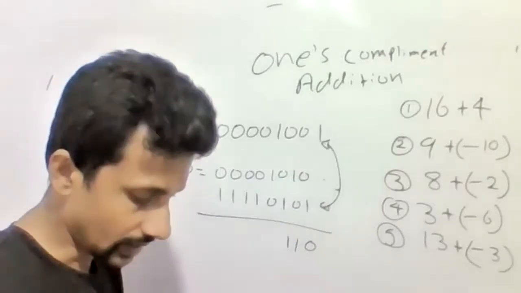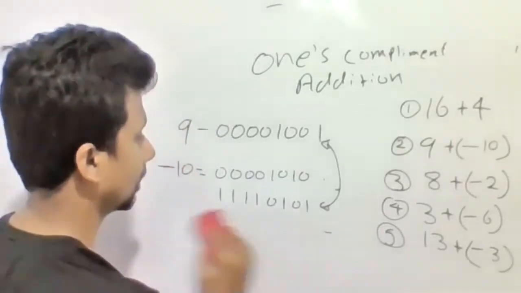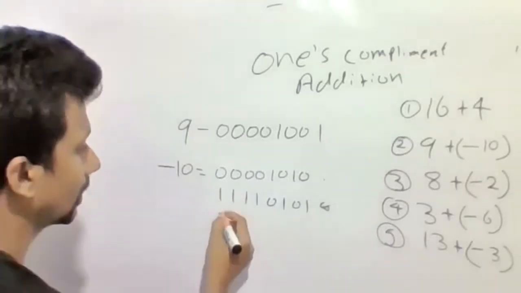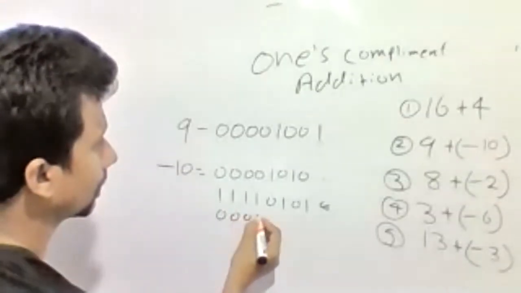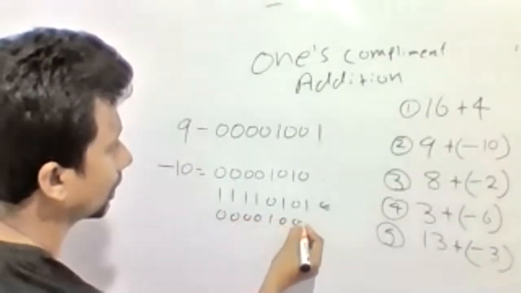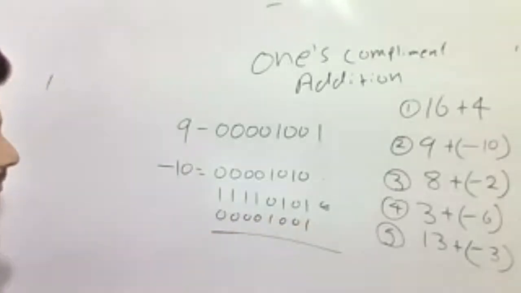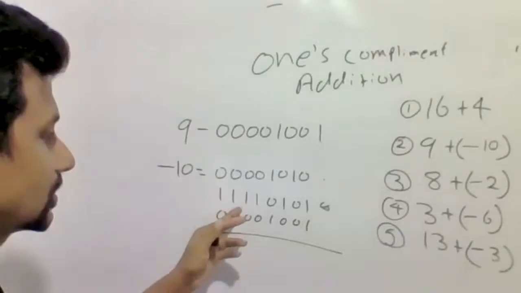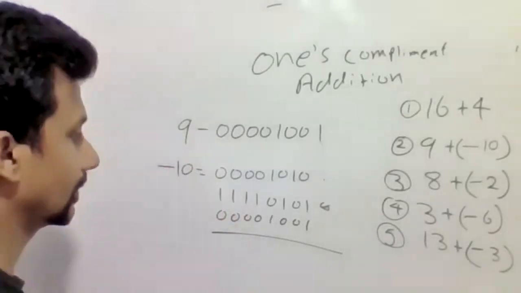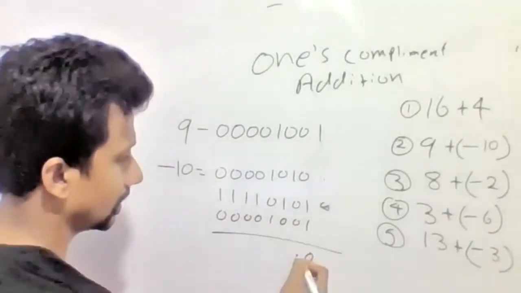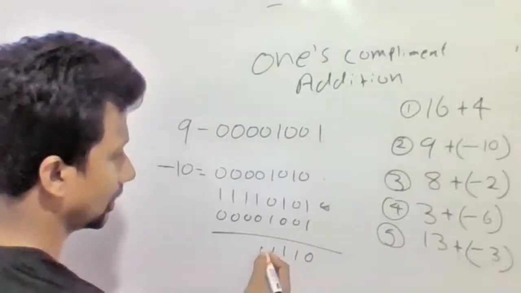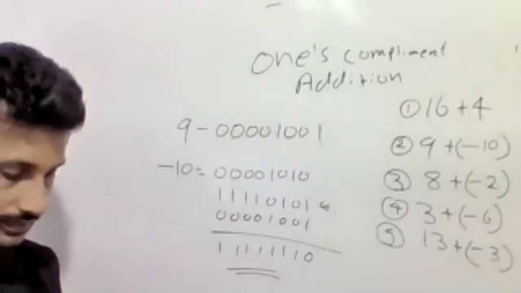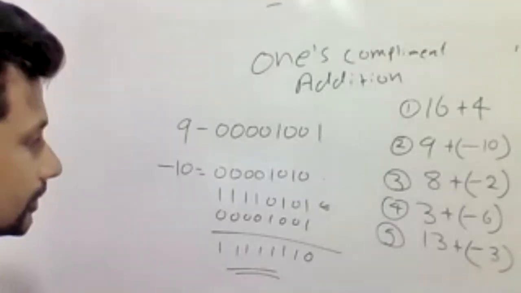I'll write it again. I'll take this one here, otherwise it's confusing. So I'm going to add this minus 10 and the positive 9. So I'm adding them together. 0, here you get 1, here you get 1, 1. So this is your answer. That also you have done. Okay.